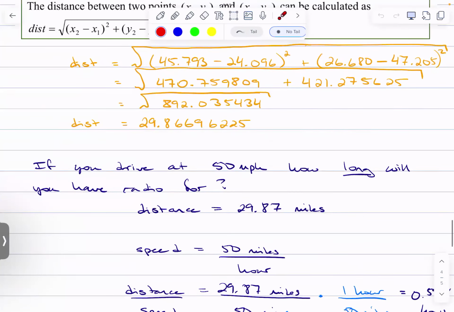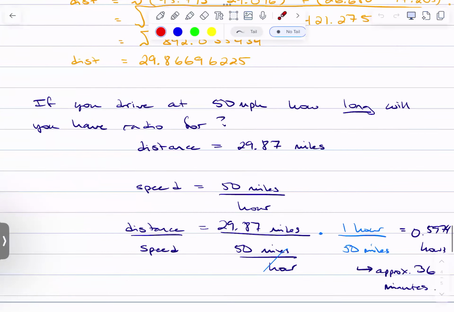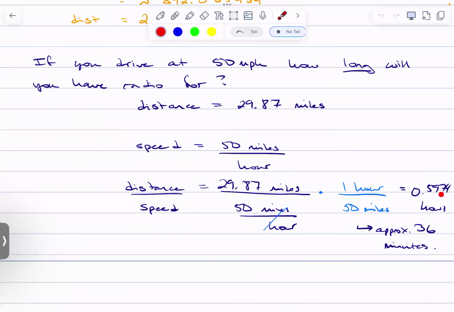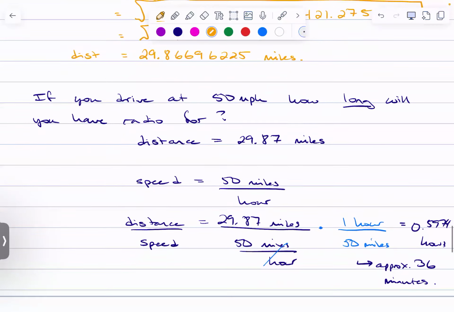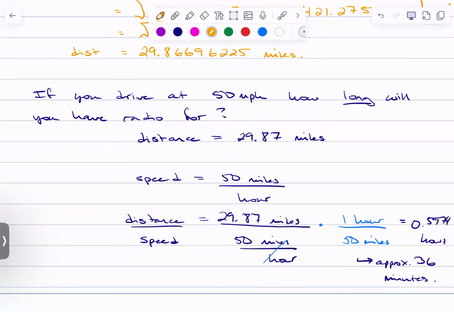Well, the original answer was just the distance, right? But then 0.5974 hours, which if you multiply by 60 is approximately 36 minutes. Nice. So we're the ant.